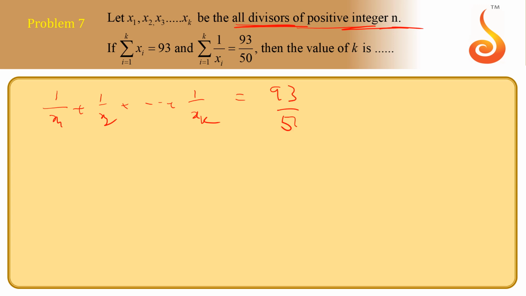Please observe carefully. What I am doing is multiplying both sides with n. Then n into 1 by x1 means you are dividing that number n by some factor. So x1, x2, up to xk are factors, and each factor, if you multiply with n, you will get another factor. This left side you will get again x1 plus x2 plus so on up to xk.